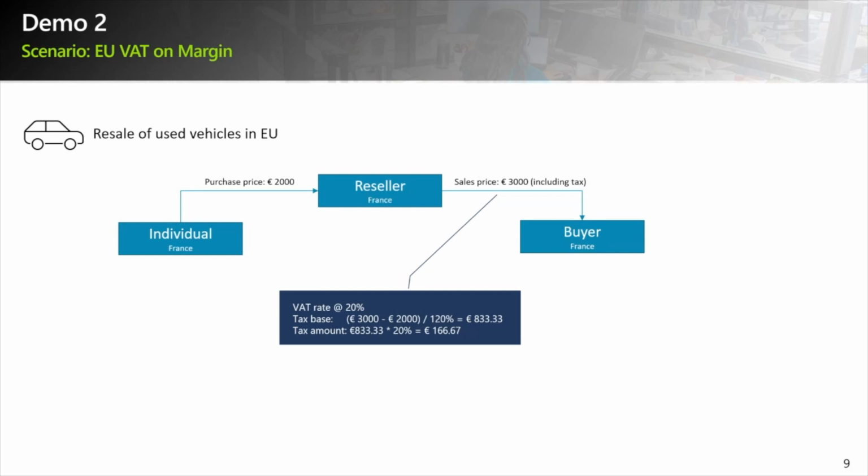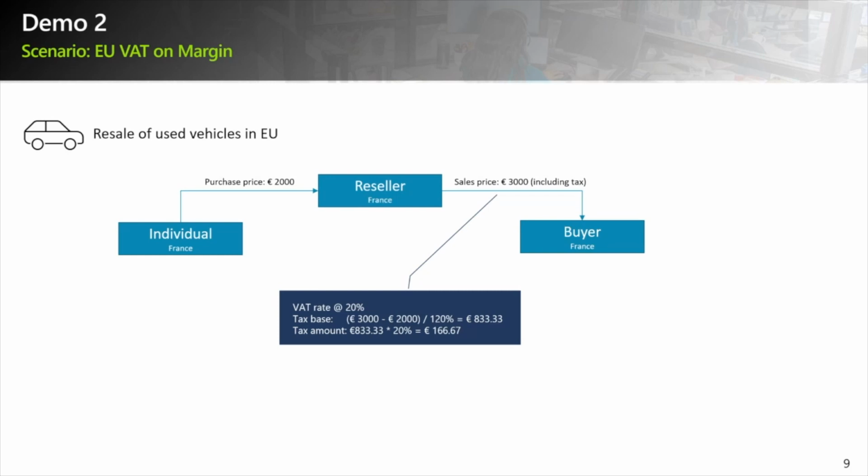For example, here the reseller purchased a used car from an individual for 2,000 euro without VAT and resold it at a price of 3,000 euro, including VAT.